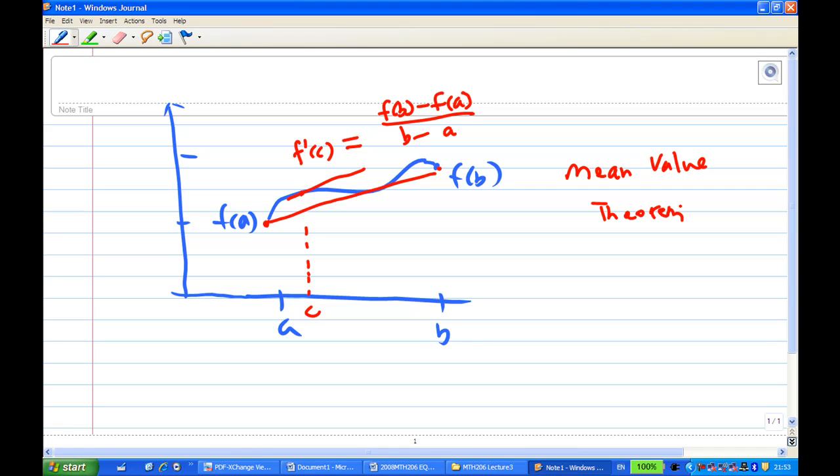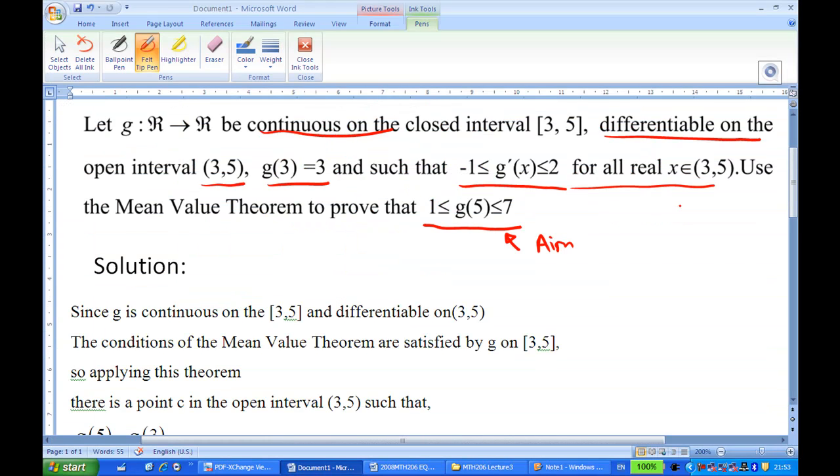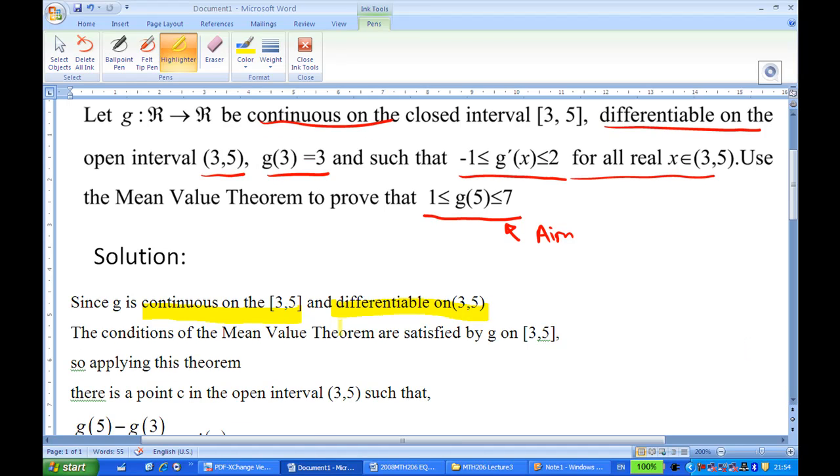This is the statement of the mean value theorem. Since our given function g is continuous on the closed interval from 3 to 5 and differentiable on the open interval from 3 to 5, all the conditions of the mean value theorem are satisfied.